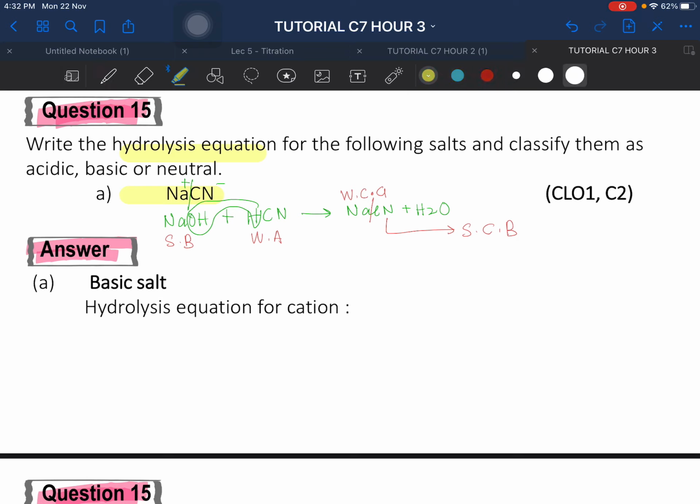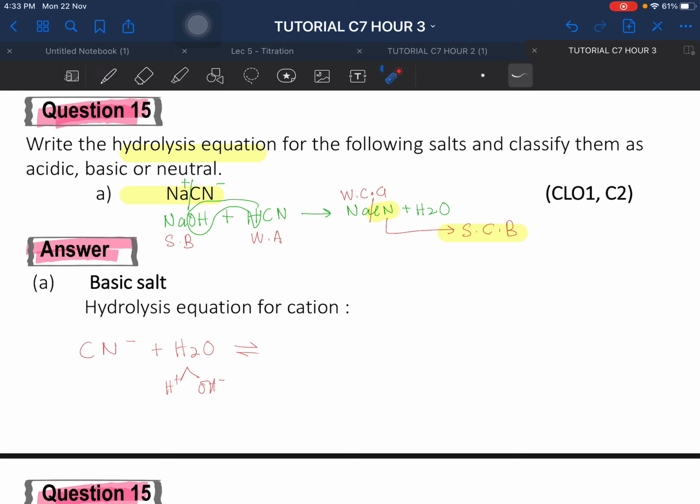So the species that becomes strong conjugate will hydrolyze water. That means in this salt, the CN minus ion can dissociate H2O. Okay, let's see what happens if the CN minus reacts with water. So this species will break to H plus and OH minus.